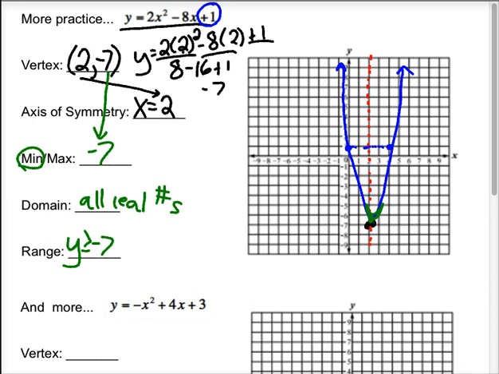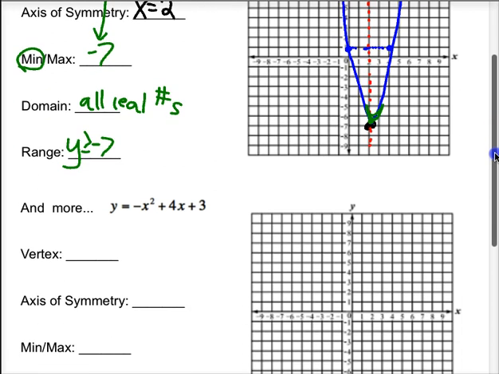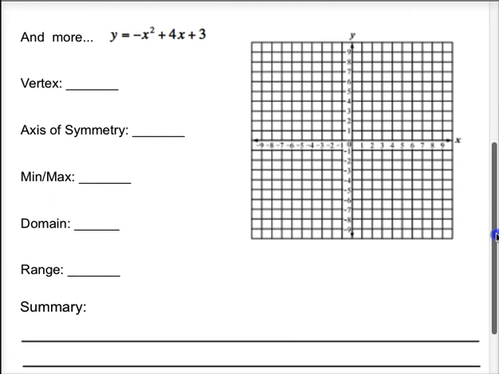All right, let's try one more before I let you go on your way. So here my A is going to be -1, B is 4, and C is going to be 3. So to find the vertex, I need that -b over 2a formula.